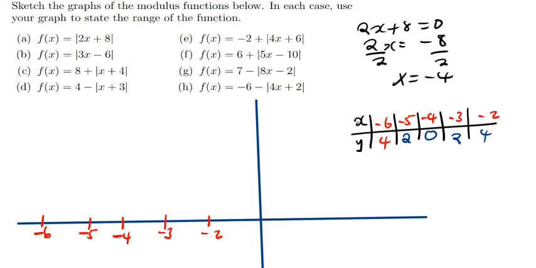Don't put anything here; if you want, you can put 1, 2. In y values, we have got 2 and 4. So let's start. We have negative 6, comma 4, here. Next we have negative 5, comma 2, is here.